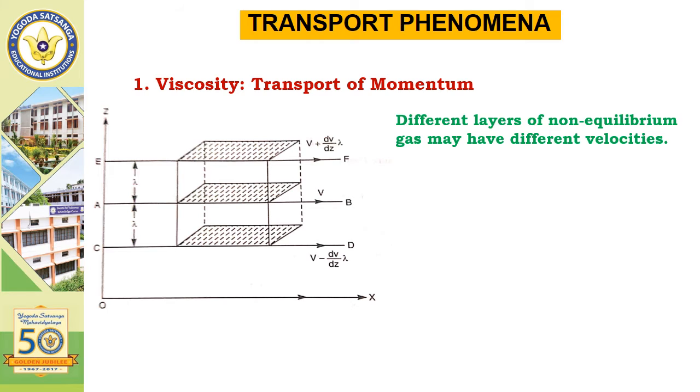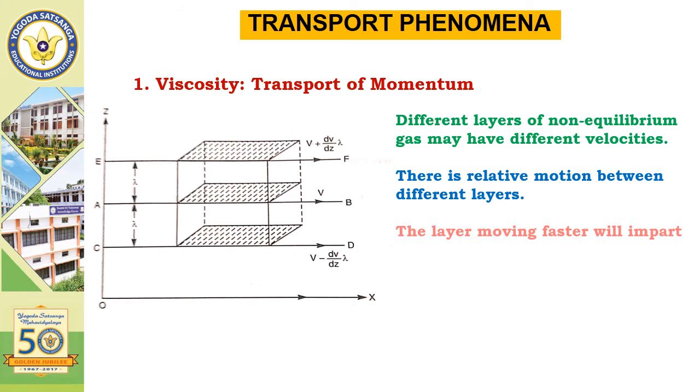Due to these differences in velocities between the layers, a relative motion between layers is created. Due to this relative motion, some forces act between these layers. This force is called viscosity of the gas. So viscosity is a transport phenomenon because it is the transportation of momentum.